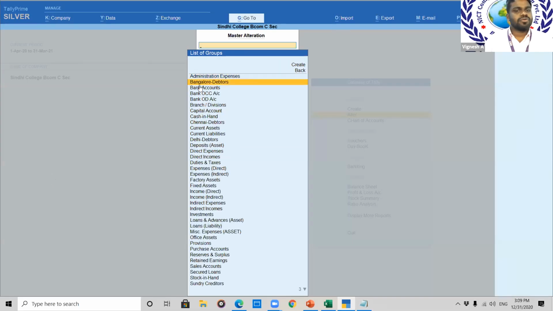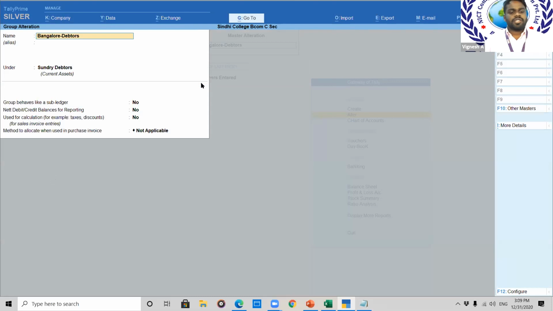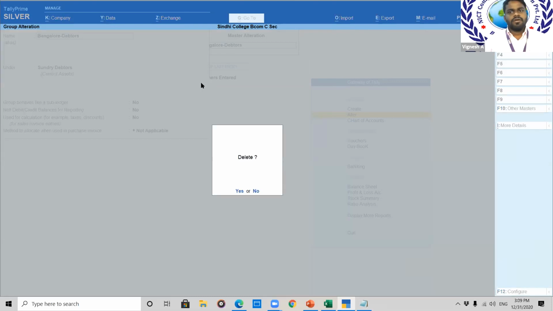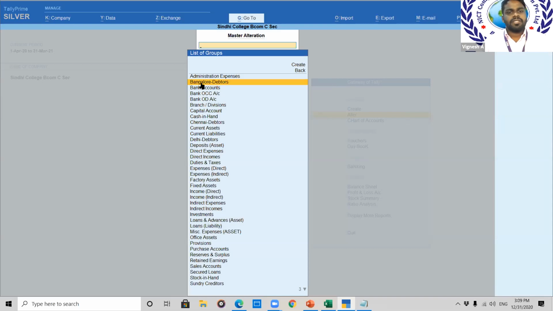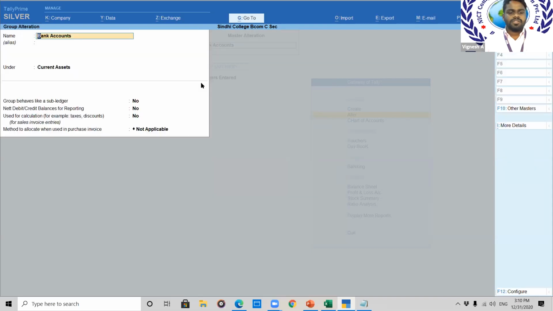If you want to delete this Bangalore group, I can open it. The shortcut to delete is Alt D. If you want to delete it, you can delete whatever was created. But if you try to delete whatever is already there, like bank accounts, you can't. Alt D will not work and the delete option will not work for the default 28 groups. The groups which you have created, you can delete whenever you like.